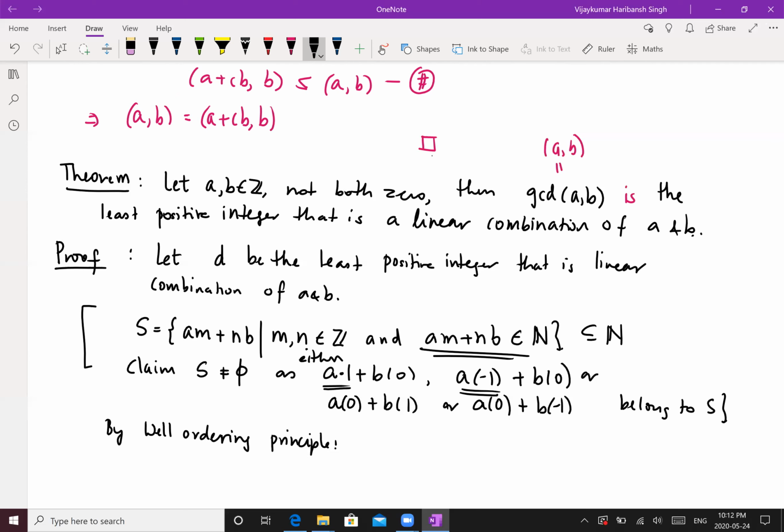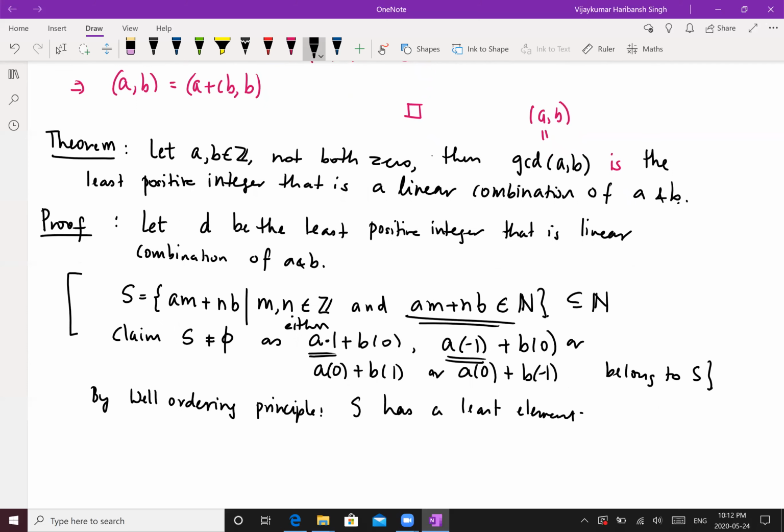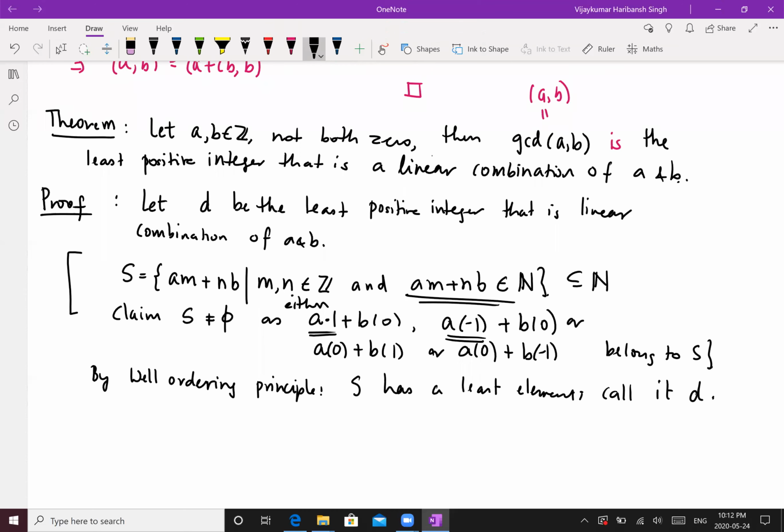recall what the well-ordering principle was. Any non-empty subset of N has a least element, right? So by the well-ordering principle, S has a least element. Yeah, so that is d. Call it d. All right. Now d will be of the form of some linear combination of a and b.